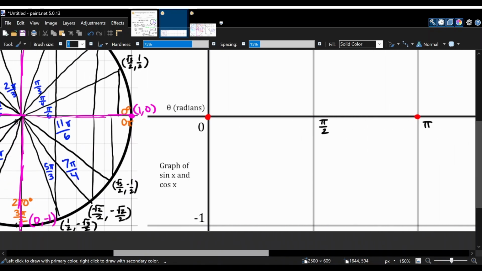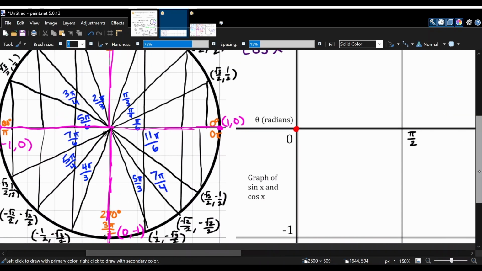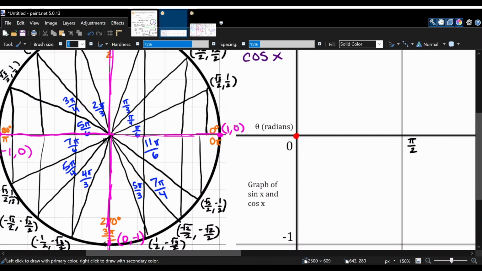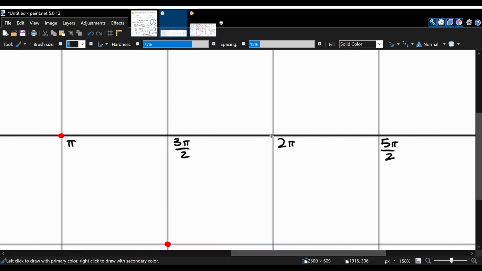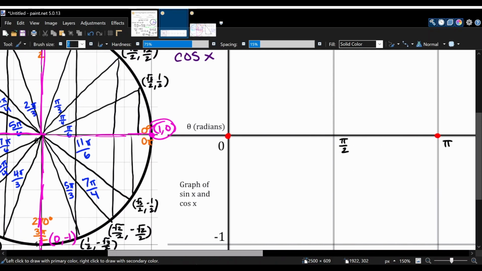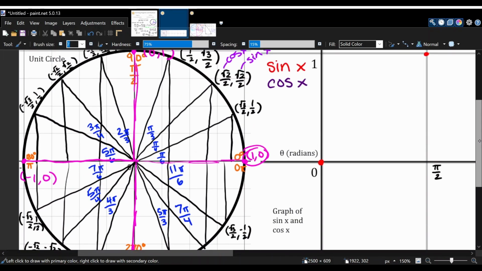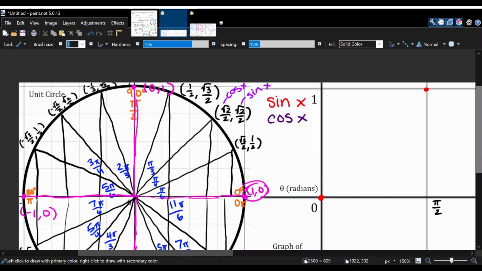And now 2 pi actually brings us all the way back to the beginning at 1, 0, which means that it's going to go back to 0. And now for the last point, we're just going to put here 5 pi over 2, which is another pi over 2 counterclockwise rotation, which brings us back here to 0, 1.